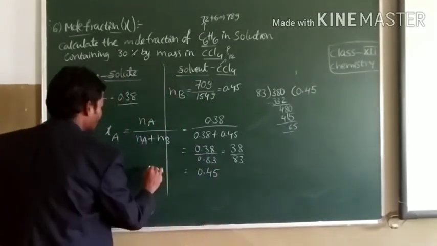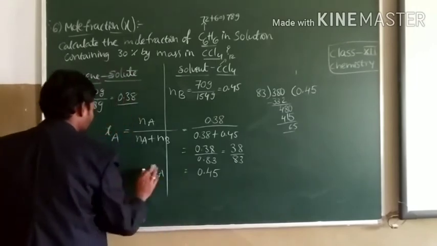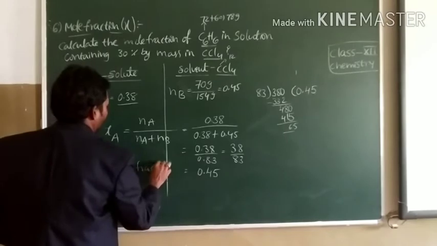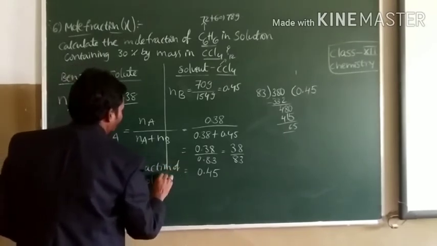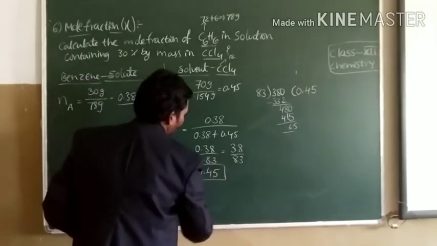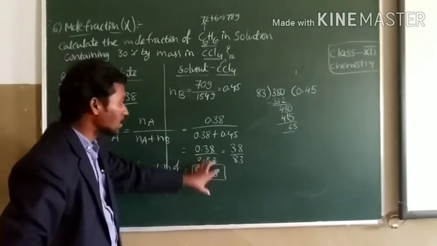This is Chi A, the mole fraction of solute. Mole fraction of solute Chi A is equal to 0.45. This is an approximate value, not an exact value, because we have taken the nearest values.